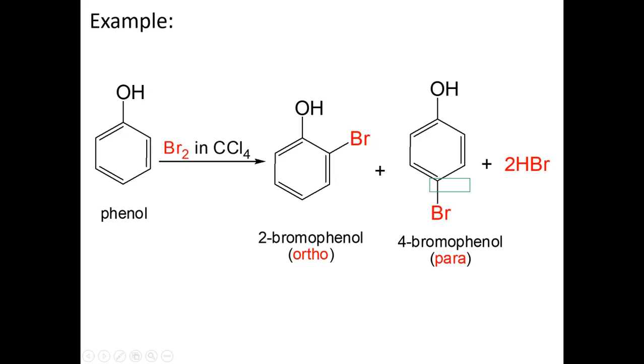Location number 2 is Br. Location number 1, 2, 3, 4 is para. So location number 2 is ortho. Location number 4 is para. So here you put 2-bromophenol and 4-bromophenol. So we can conclude that this OH will direct bromine to the ortho location, which is 2, and to the para location, which is 4.